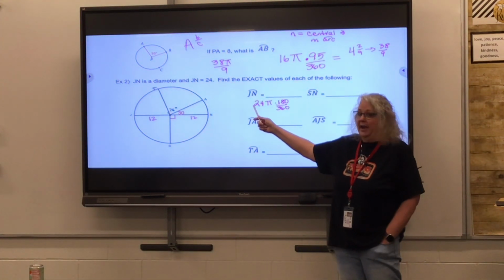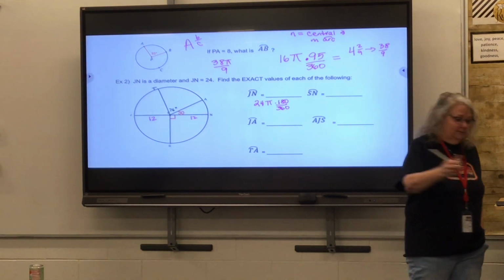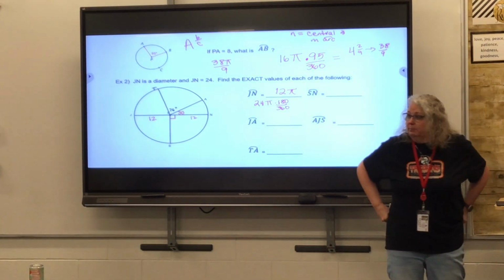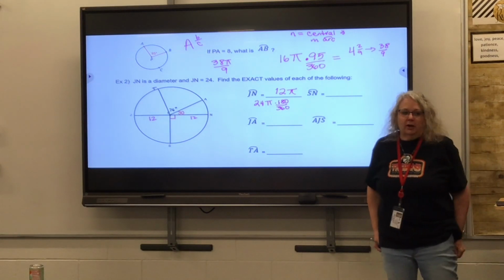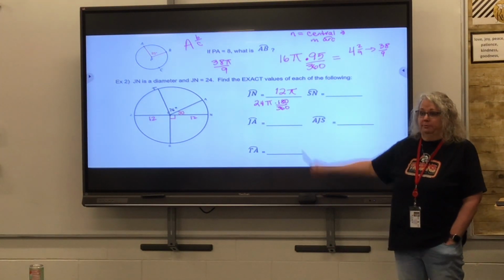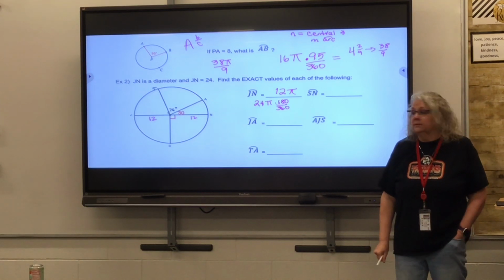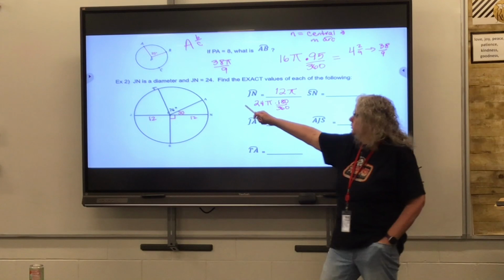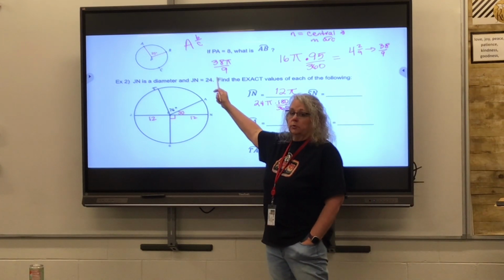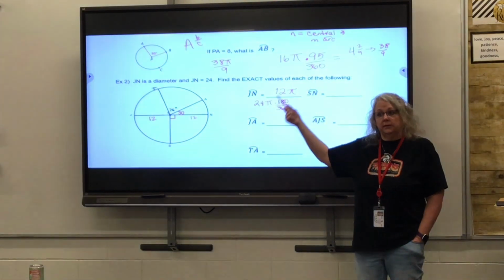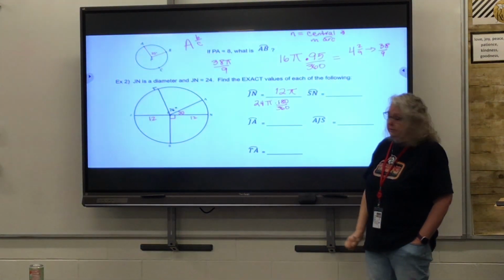So a half of 24 pi is 12 pi. Do you understand how I got 12 pi for the length of that? If there are units given, if they had told you JN was 24 centimeters, then your arc measure would be in centimeters. There's no units given.